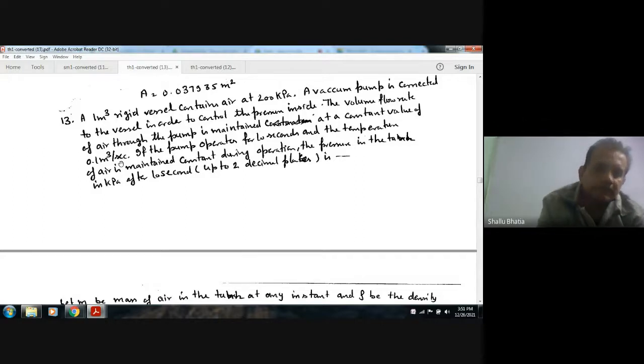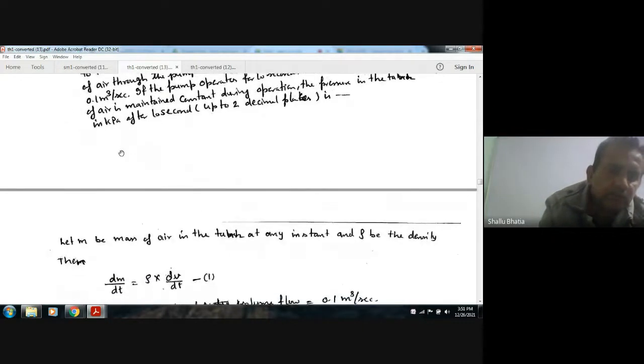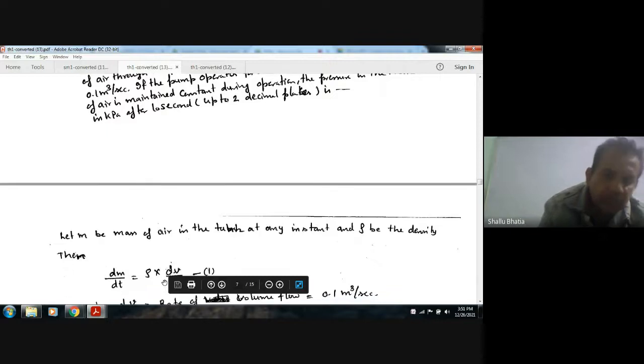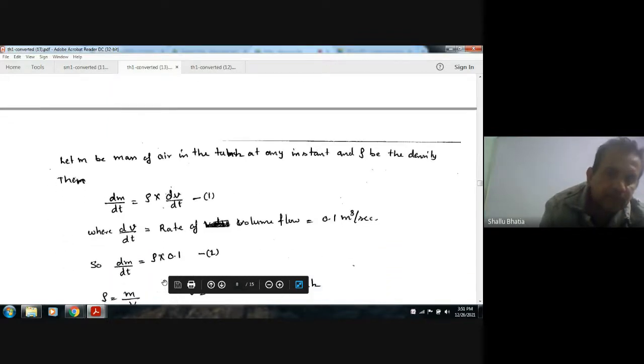As the pump is extracting air, its mass will decrease, and mass is nothing but rho into volume. Differentiating with respect to t, we have dm by dt equal to rho dV by dt. So dV by dt is the rate of volume flow, which is 0.1.